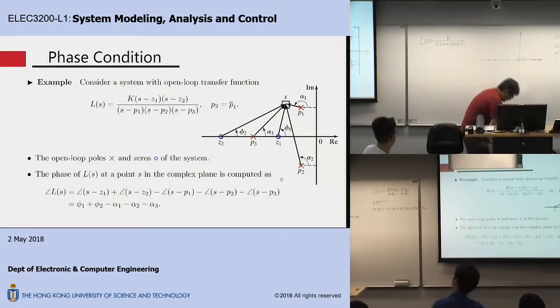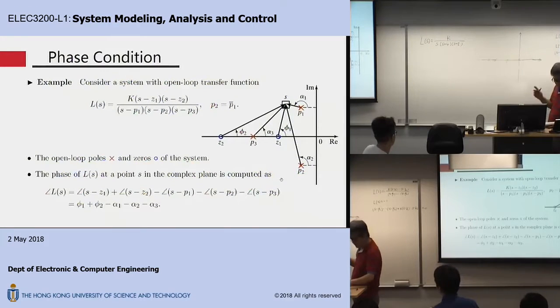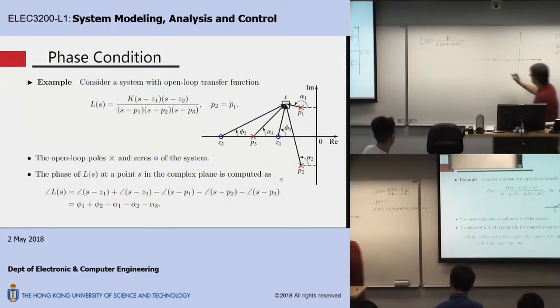So from this analysis, we can easily get a complete understanding of the real line: which part of the real line is in the locus, and which part is not.